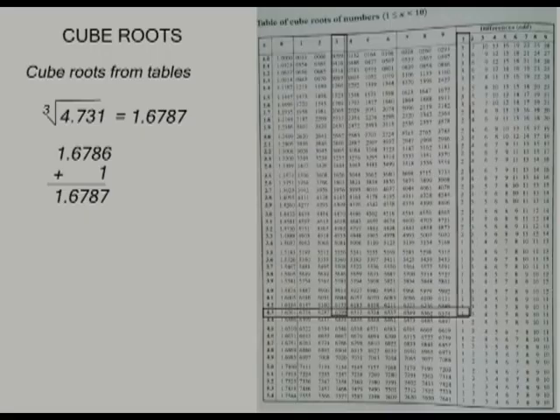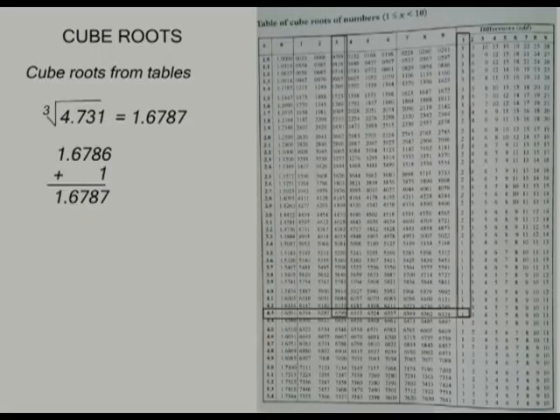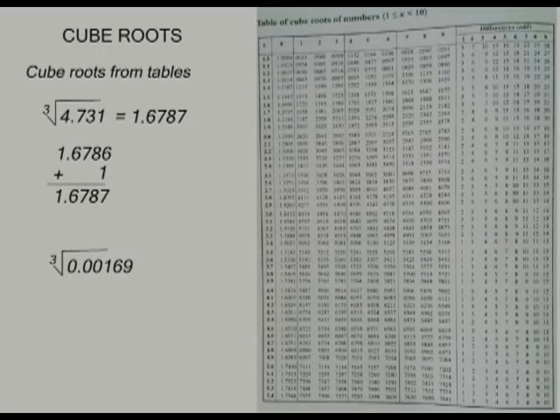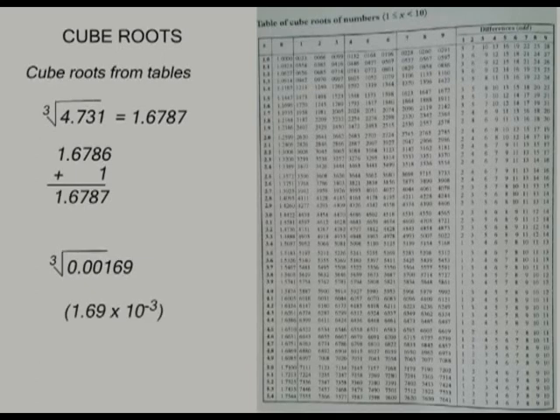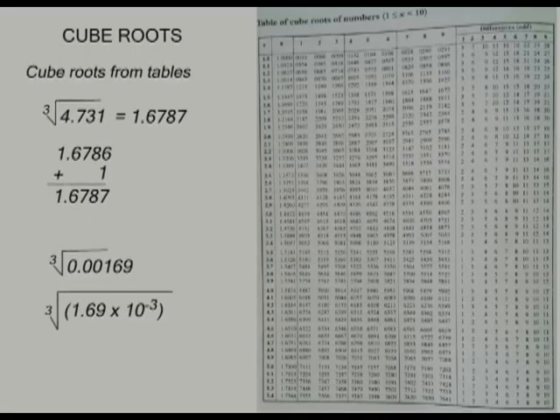How about numbers greater than 999.999 and less than 1.000? In such cases, we write them first in standard form, but ensuring that the power of 10 is a multiple of 3. For instance, the cube root of 0.00169. In standard form, that will be 1.69 times 10 raised to power negative 3. Then everything under the cube root sign.